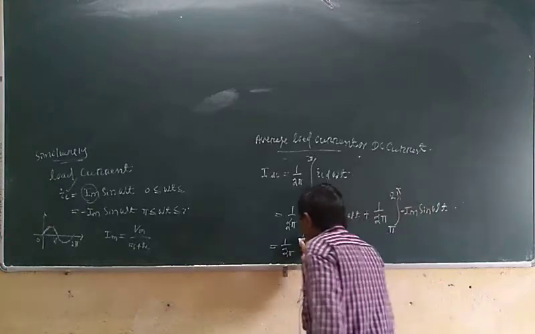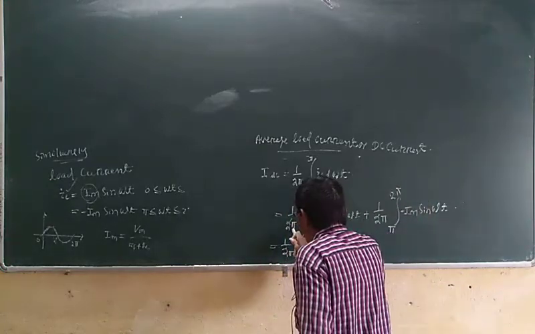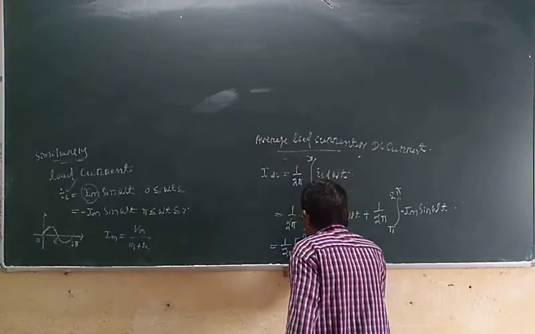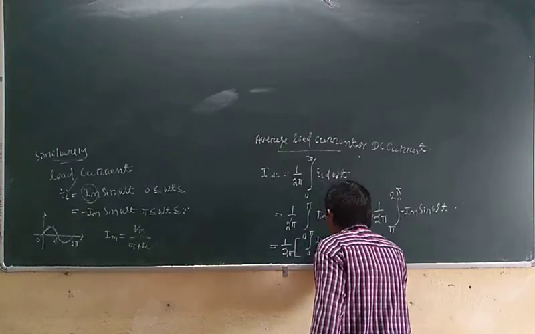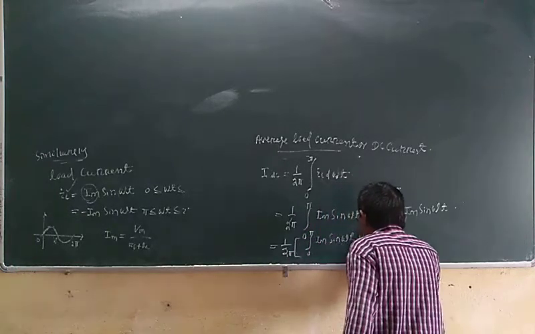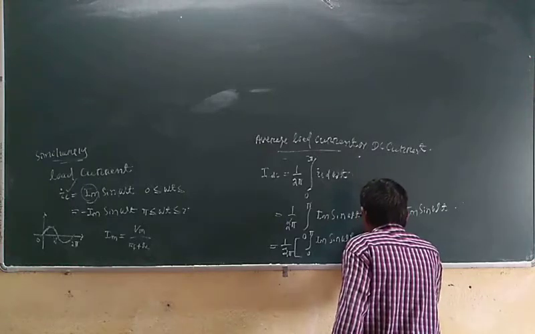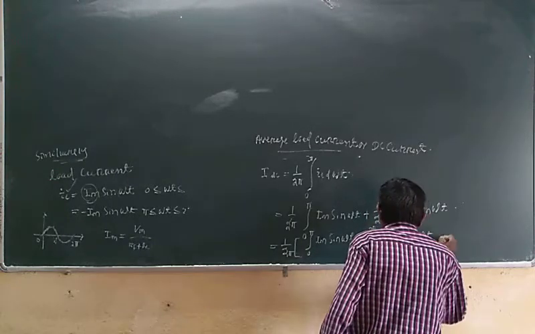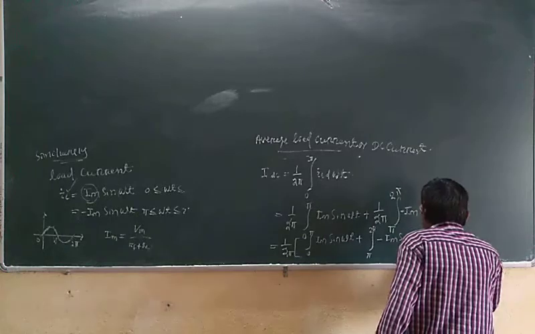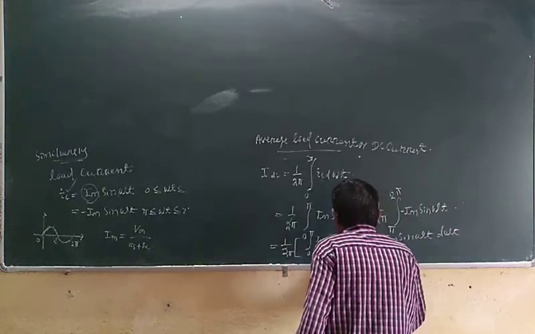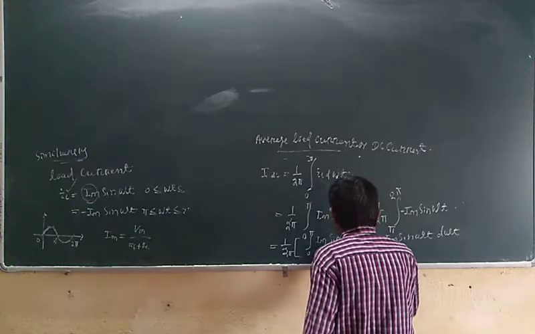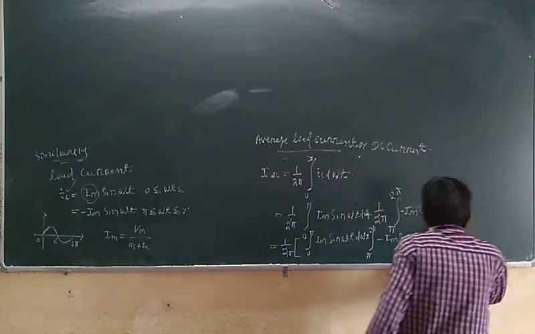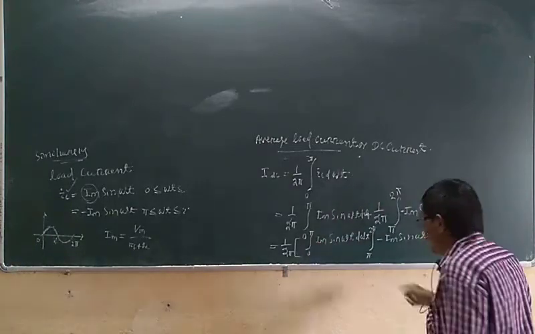Now we can take 1 by 2 pi in common, then 0 to pi Im sin omega t plus pi to 2 pi minus Im sin omega t d omega t. This is the integrating part of a signal.